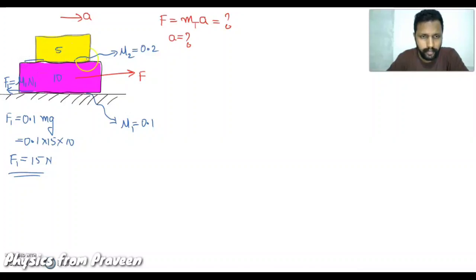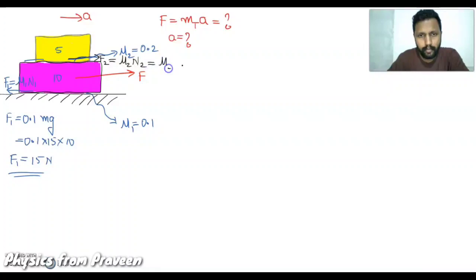Then let us find out the frictional force over this surface. The force F is pulling the system, but the 5 kilogram block is pulled by the frictional force. Let me call that frictional force F2. We could write F2 as mu2 into the second normal reaction, mu2 N2.